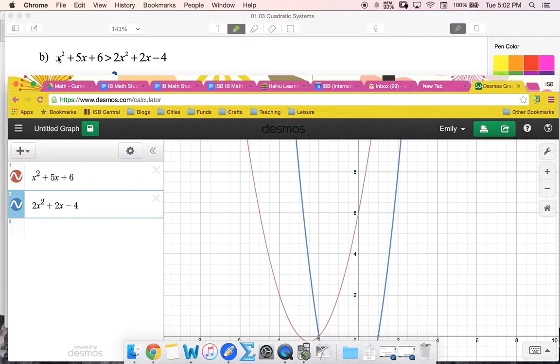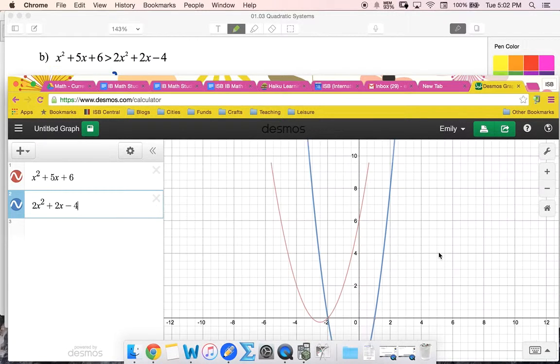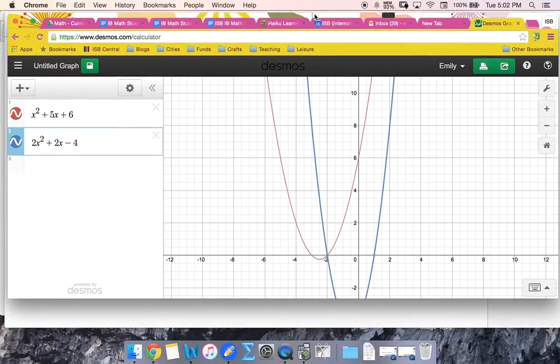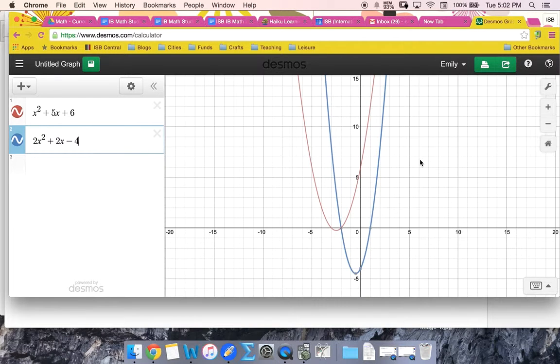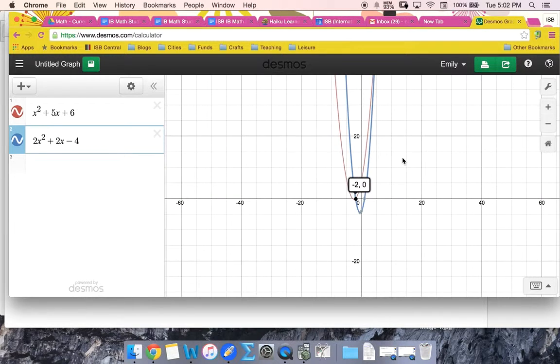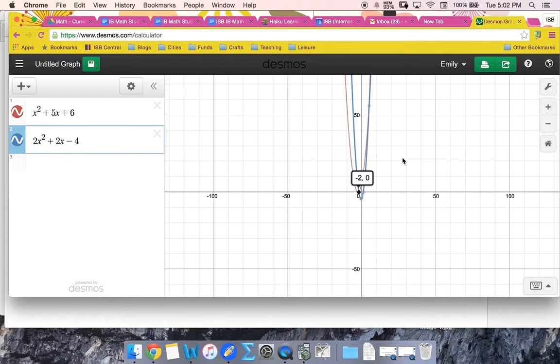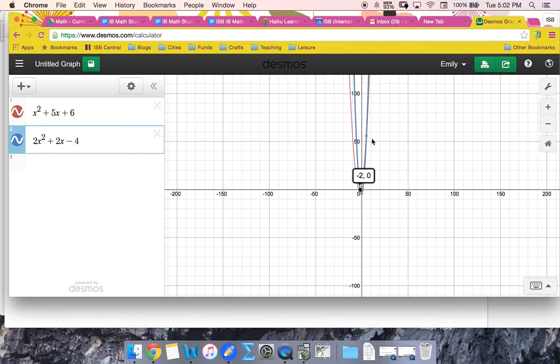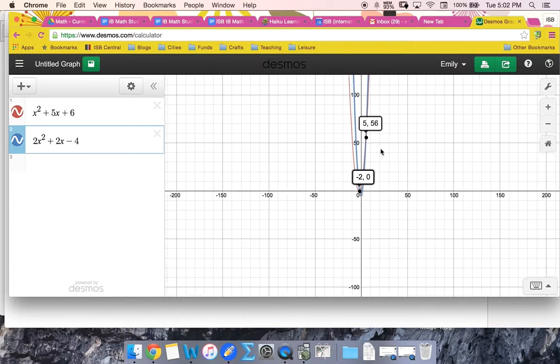And I want my red graph to be greater. So looking at this graph here, let me zoom out just a bit. I want the red graph to be greater. Well, the red graph is greater than the blue starting at the negative 2. And then at this point here, it looks like my blue takes over and starts having higher values.